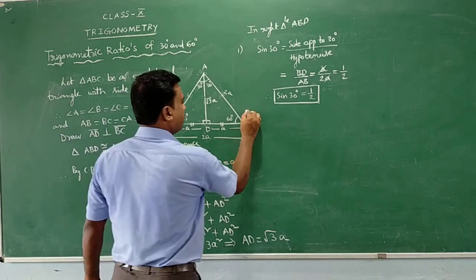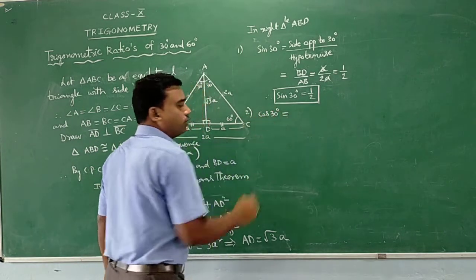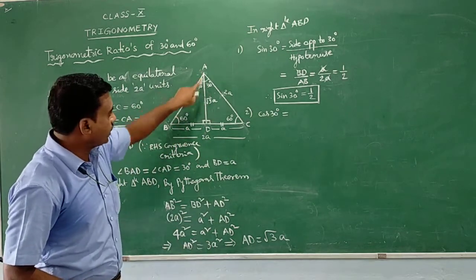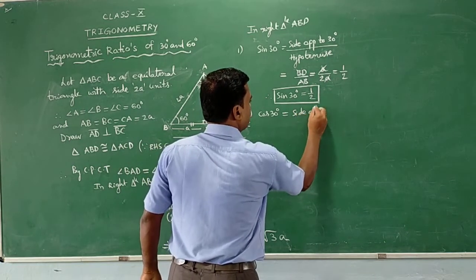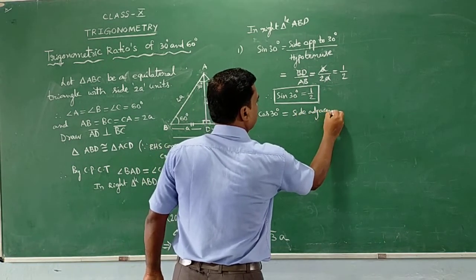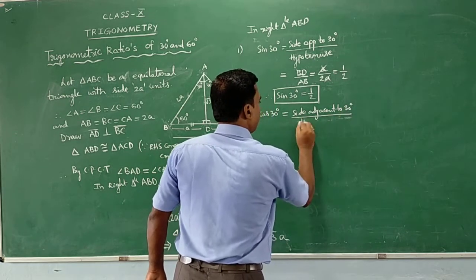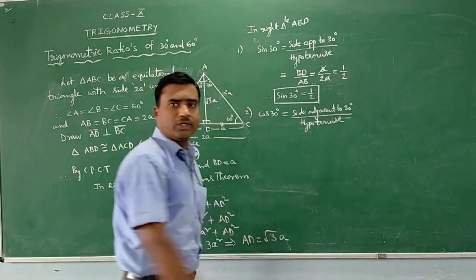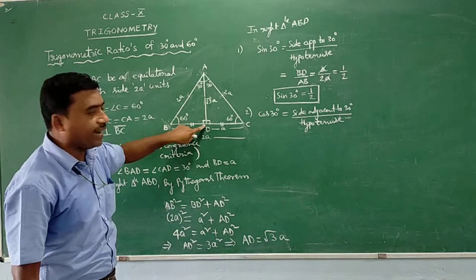Now the second one, cos 30 degrees is equal to side adjacent to 30 degrees by hypotenuse. Side adjacent to 30 degrees means AD.